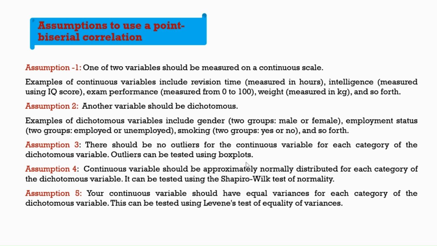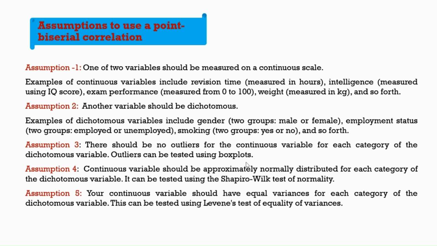The second assumption is about the second variable, which should be dichotomous. Examples of dichotomous variables include gender, male or female, employment status, where the two categories may be employed or unemployed, smoking, yes or no, and so forth.